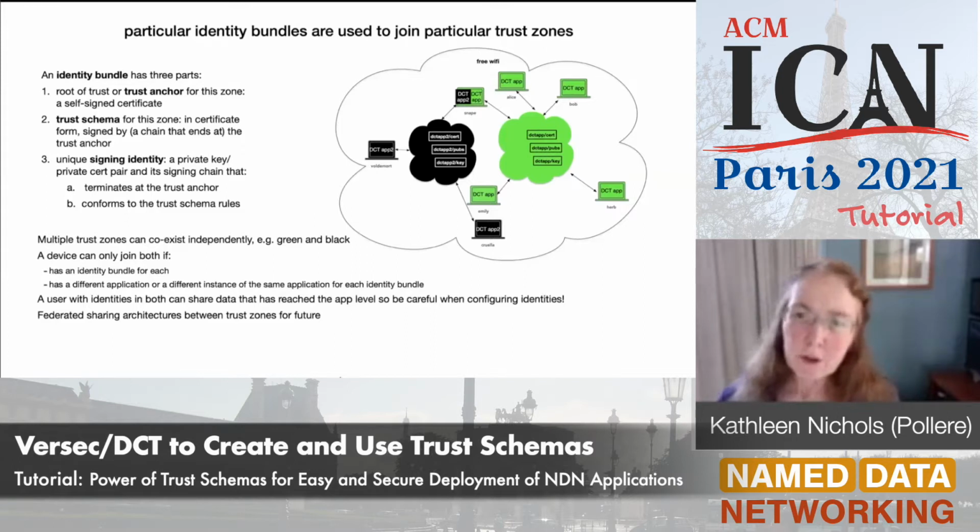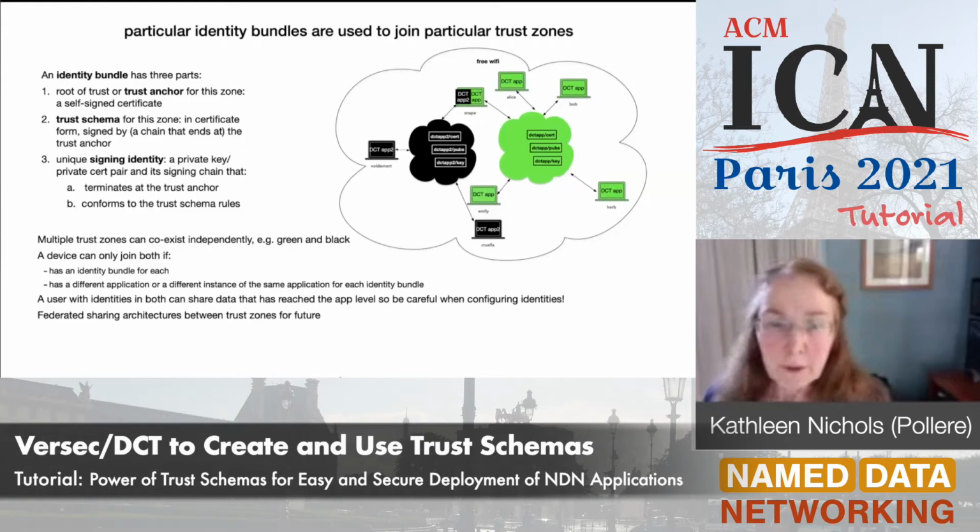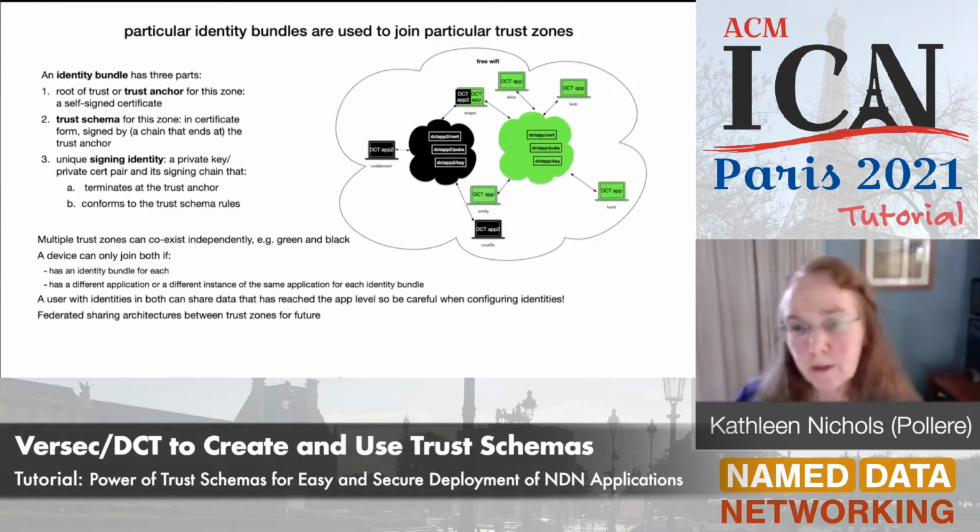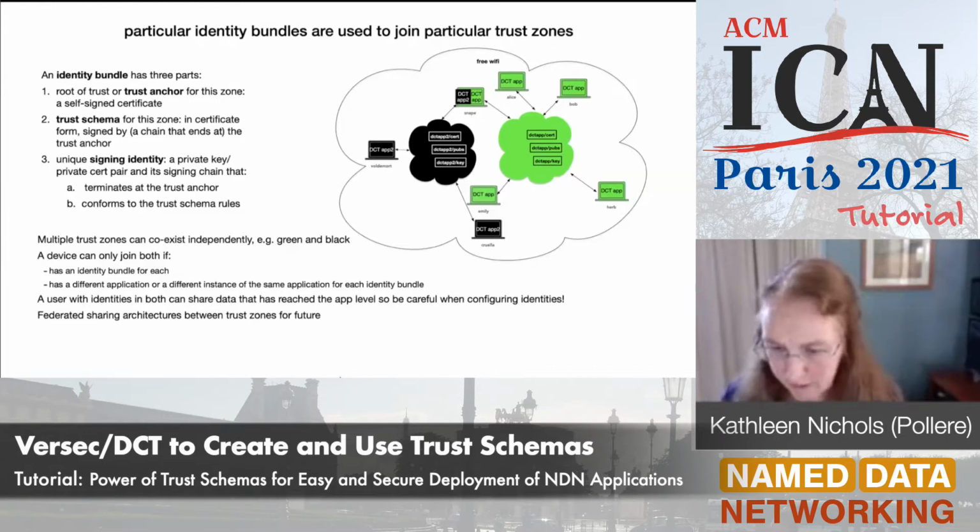And this notion, we could think of ways of doing federated sharing between the trust zones. And that's something that is more on our radar for the future. I think there's ideas in that area maybe that Alicia is thinking about, and I don't know if she's going to have any words about that or not. But I think there are lots of different ways that one could approach that. And that's sort of reflecting the idea that the way that I'm thinking about this architecturally is more building up from the trust zone upward.